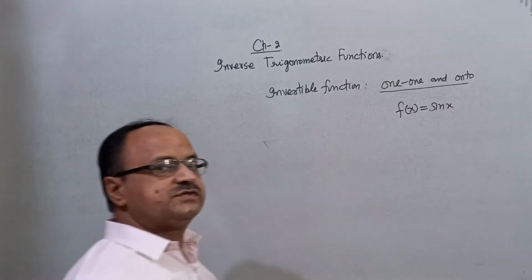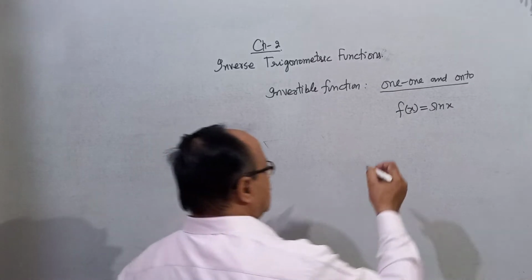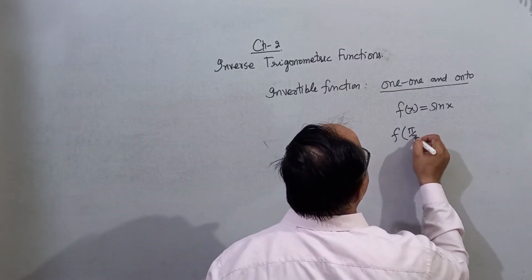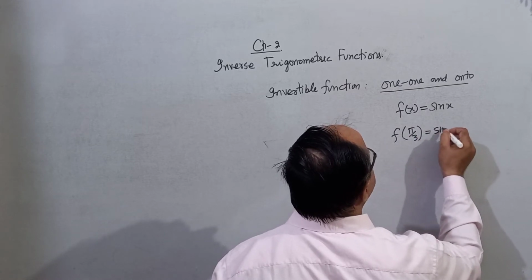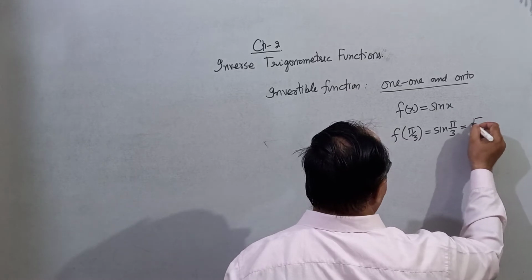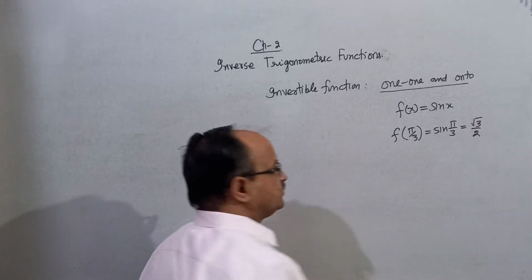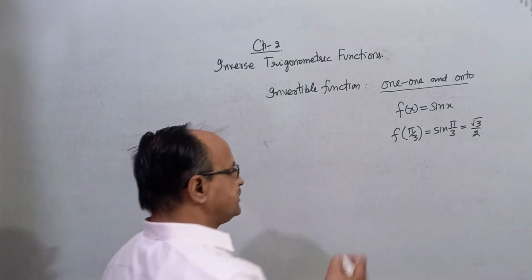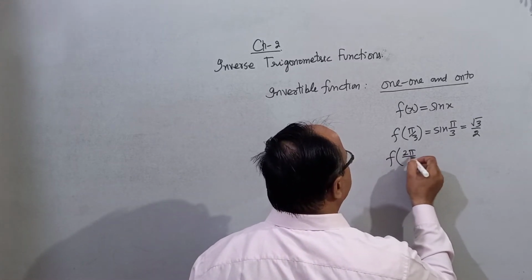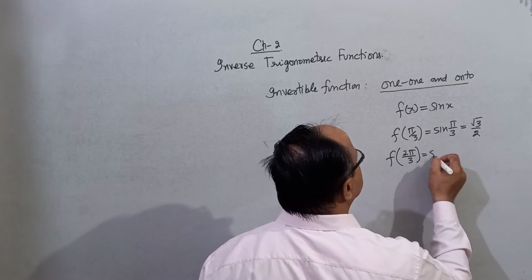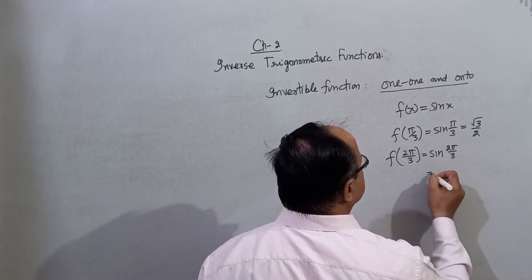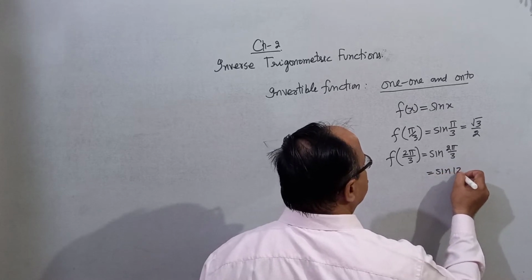When you put pi by 3, sin pi by 3 is root 3 by 2. When you put 2 pi by 3, sin 2 pi by 3, 2 pi by 3 means 120 degree.